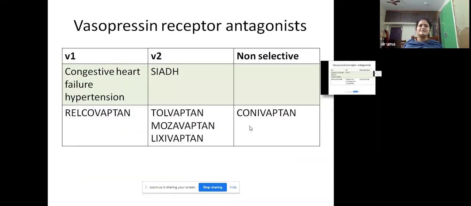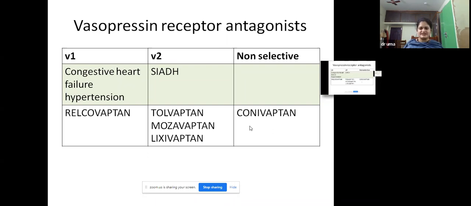Now the vasopressin receptor antagonists. We already know V1 is involved in vasoconstriction, so V1 receptor antagonists are used for hypertension and heart failure. V2 is the receptor which increases the release of ADH, so its antagonists are used in the syndrome of inappropriate ADH release.